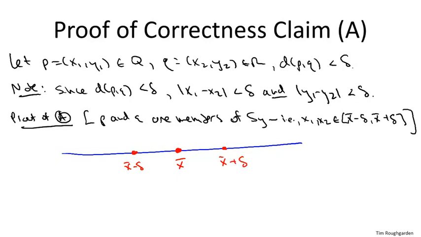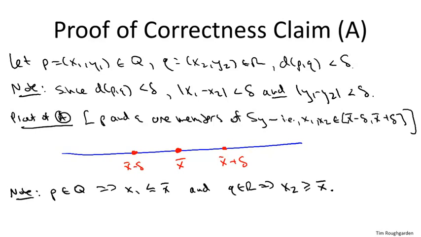And then somewhere in here are x1 and x2, the x-coordinates of the points we care about, P and Q. So a simple observation: because P comes from the left half of the point set and x bar is the rightmost x-coordinate of the left half of the point set, the x-coordinate of P is at most x bar. Right? So all points of the left half have x-coordinate at most x bar, in particular P does. Similarly, since x bar is the rightmost edge of the left half of the point set, everything in the right half of the point set has x-coordinate at least x bar. So in particular, little q does as well.